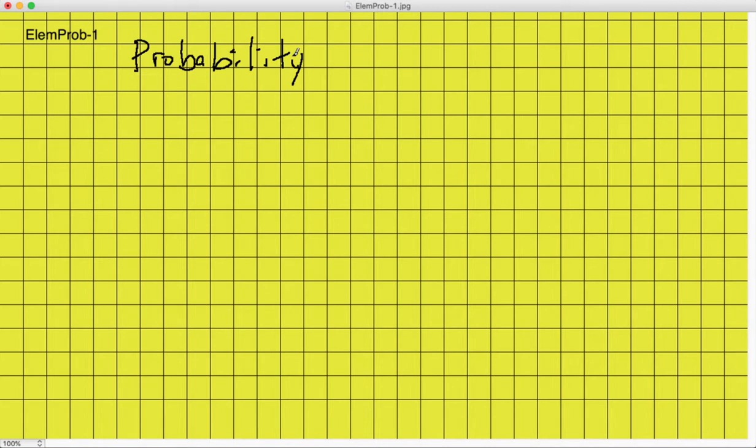I'm going to assume that a lot of what I'm going to be talking about today is review for all of you. But anyway, I want to assume that I have a fair die. For those of you that don't know what a die is, it's this little wooden cube. There are dots on it.